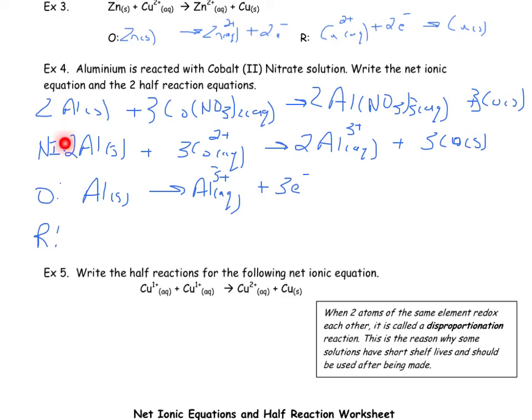Notice that I did not transfer the 2 down. Half reactions need to always be written in lowest terms. If you transfer the 2 down, then you would need a 2 here, a 2 here, and 6 electrons, which then you would just divide by 2 to put it into lowest terms.